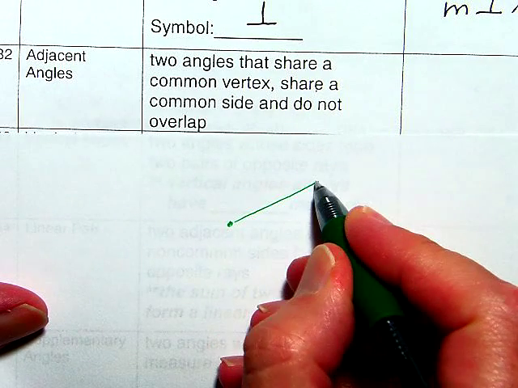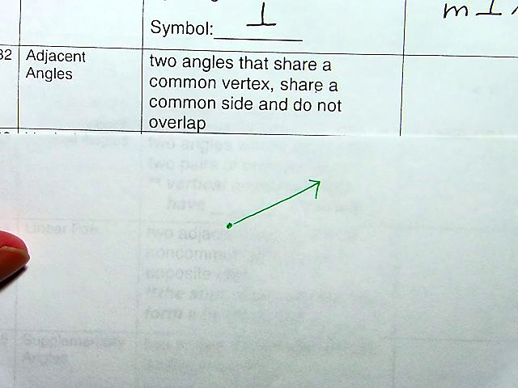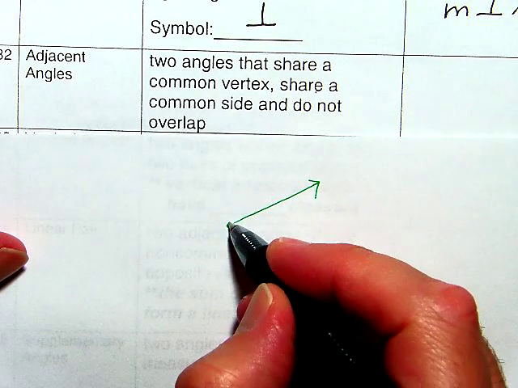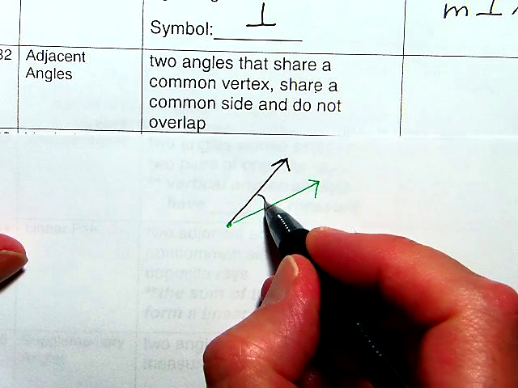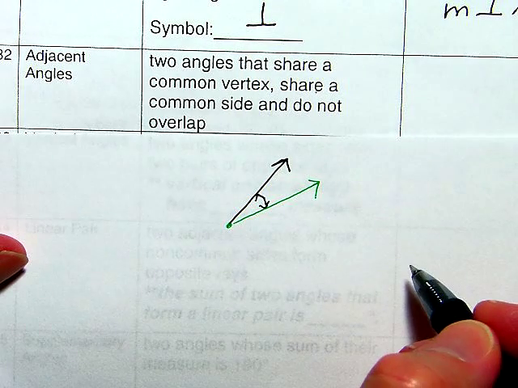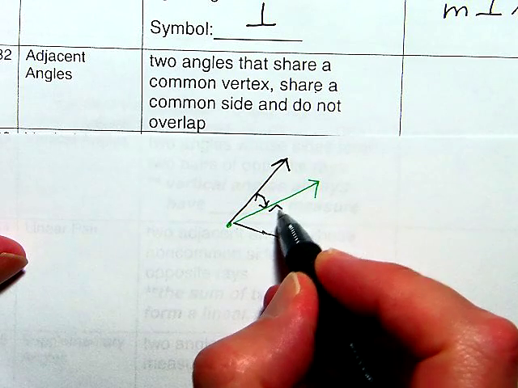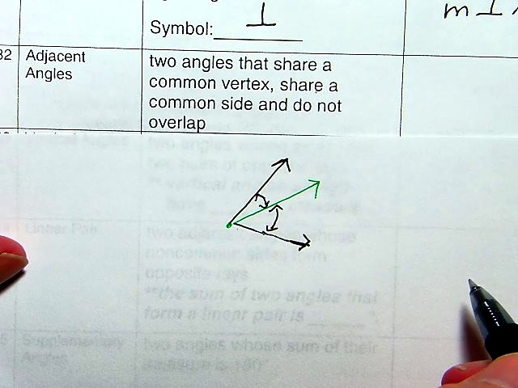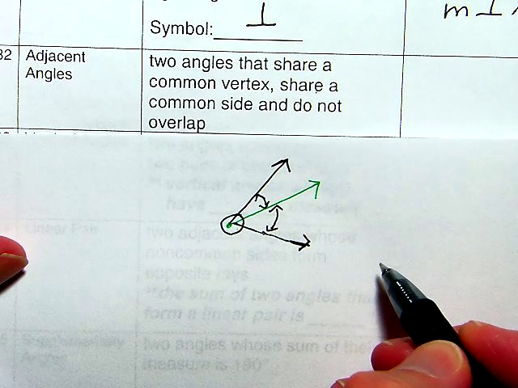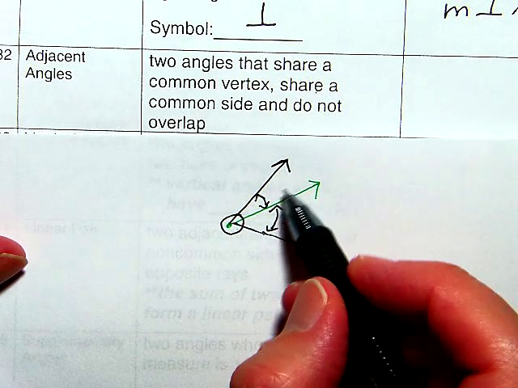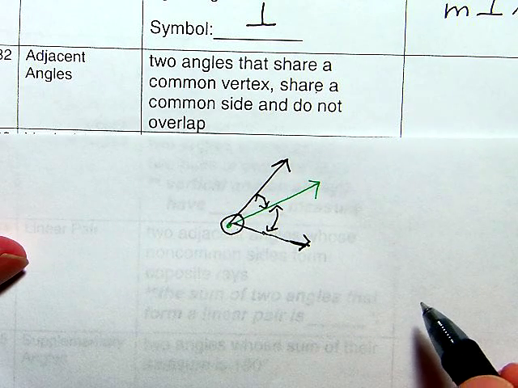So here's a common side to two adjacent angles, and this would be one of the adjacent angles over here. And then this would be another adjacent angle to the first one, which could be like this. Notice these two angles, do they share a common vertex? Yes, they do. Do they share a common side? Yes, each of these angles shares the green side. So therefore, these two are adjacent angles.